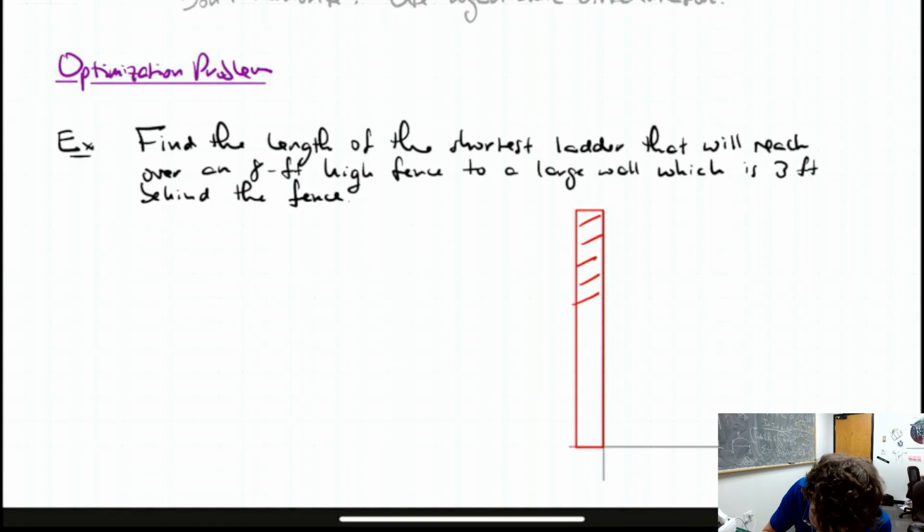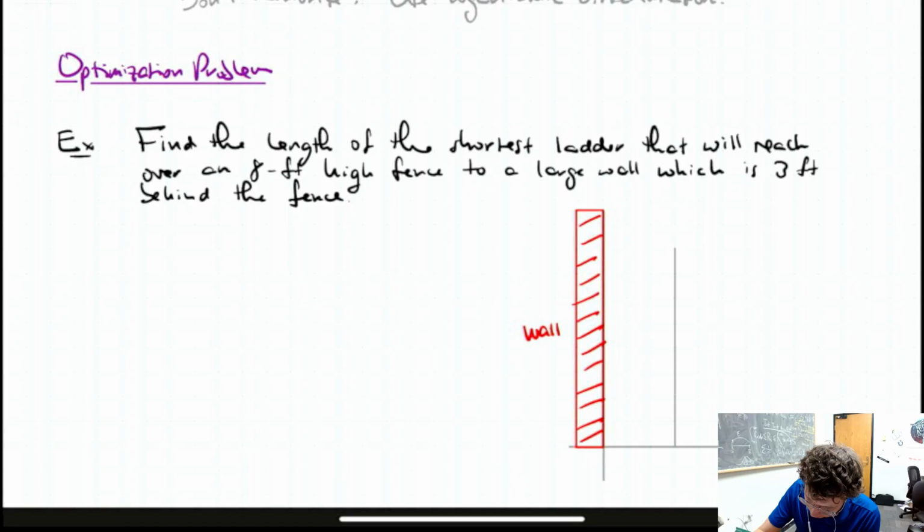So let's say here's the wall. And there's a fence which is 8 feet high. And the wall is 3 feet behind it.